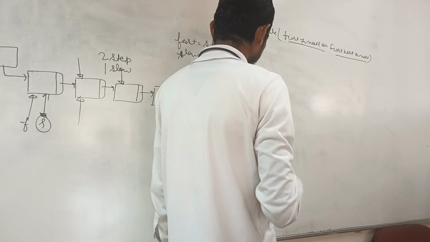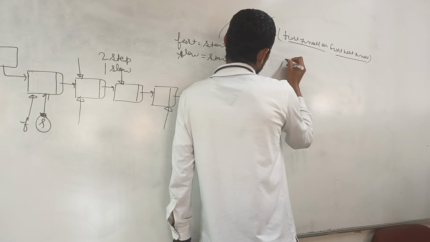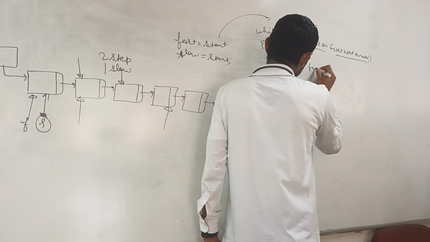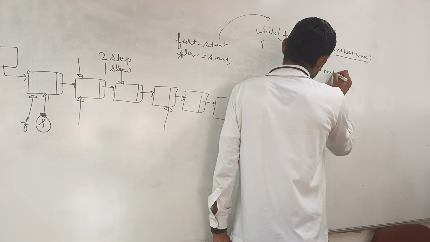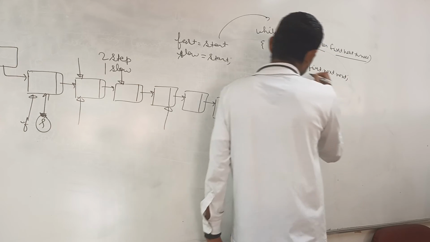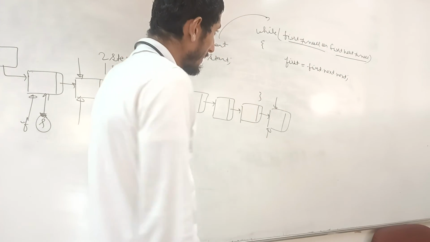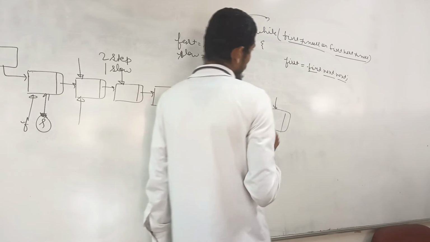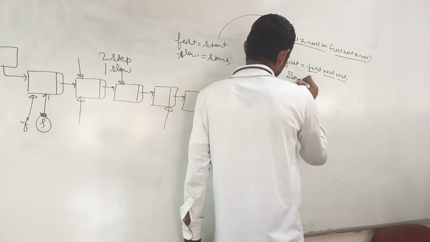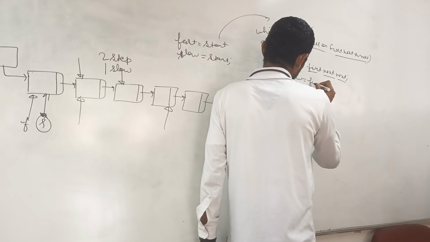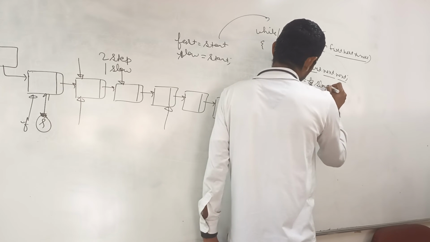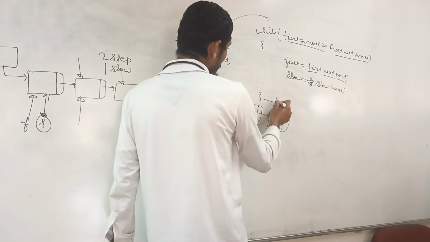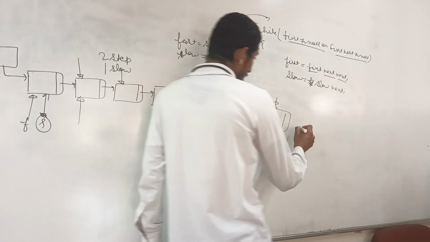What I will do: fast equals fast dot next dot next. The meaning of this is that in a single step, the fast pointer jumps to next dot next, but the slow pointer jumps a single block, like slow equals slow dot next. After the loop ends, you can return the slow pointer.